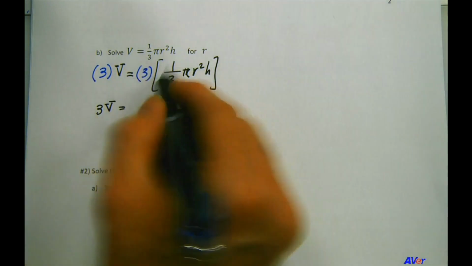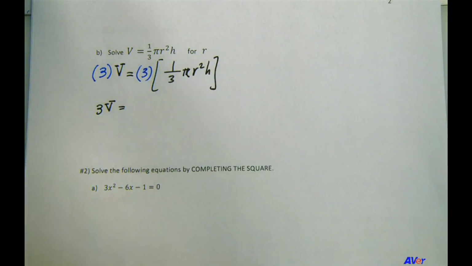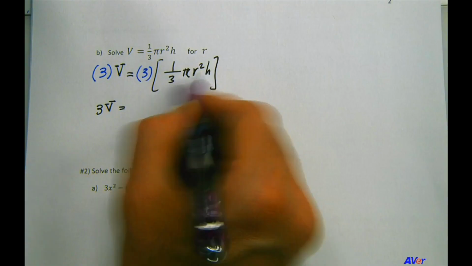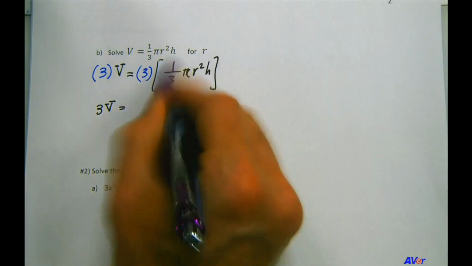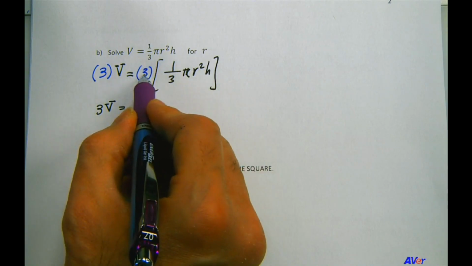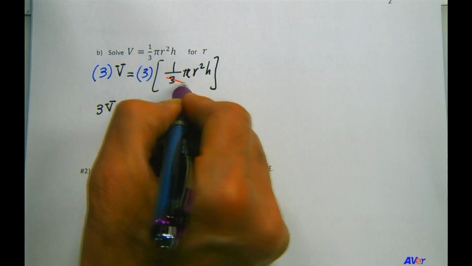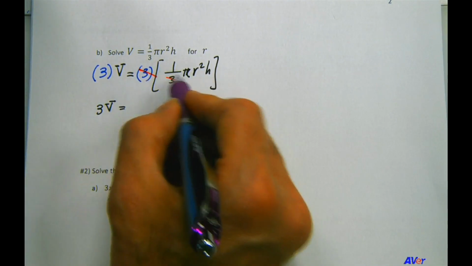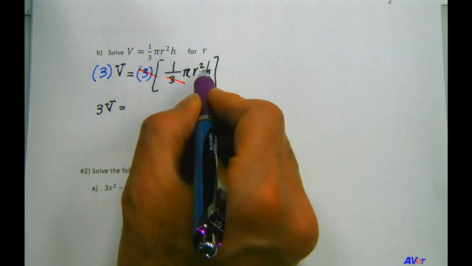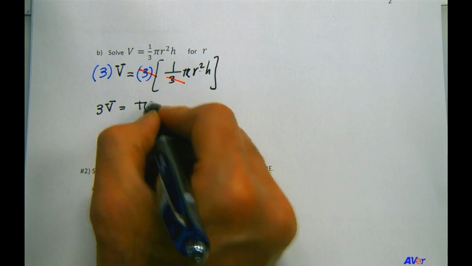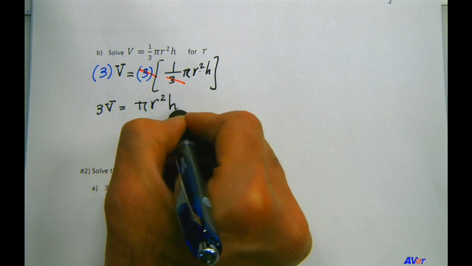The right-hand side, because everything is being multiplied, there is no plus or minus here. So there is only one term, one big term, into which we have to multiply 3. But that term has a denominator 3. So that and that cancel out. That denominator belongs to all of that. So instead, we end up with pi r squared h.